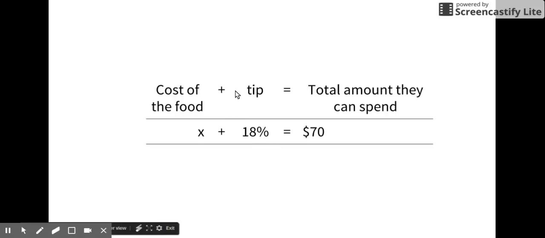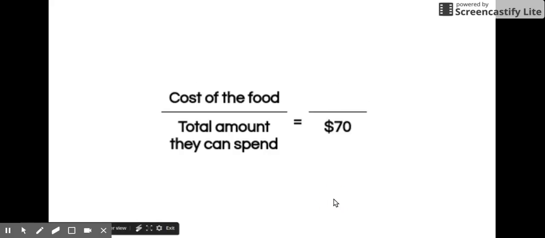So the cost of the food plus the tip equals the total amount they can spend. So X is the cost of the food that we're going to figure out, plus 18% is equal to $70. So 100% of the cost of the food plus 18% is equal to 118%.